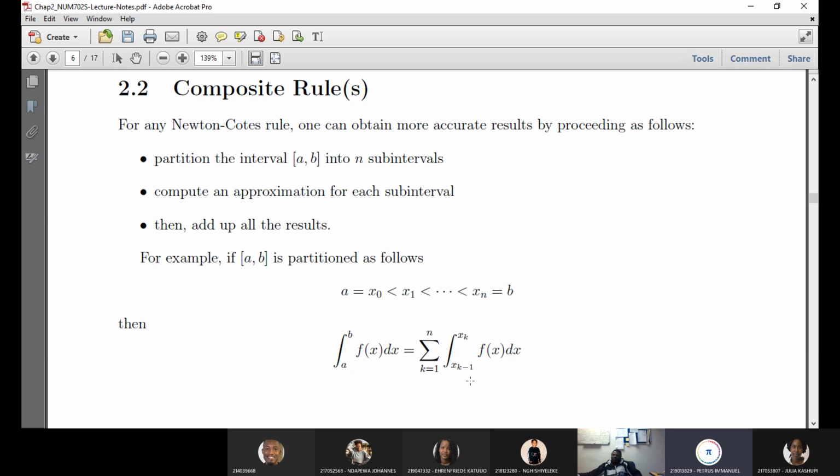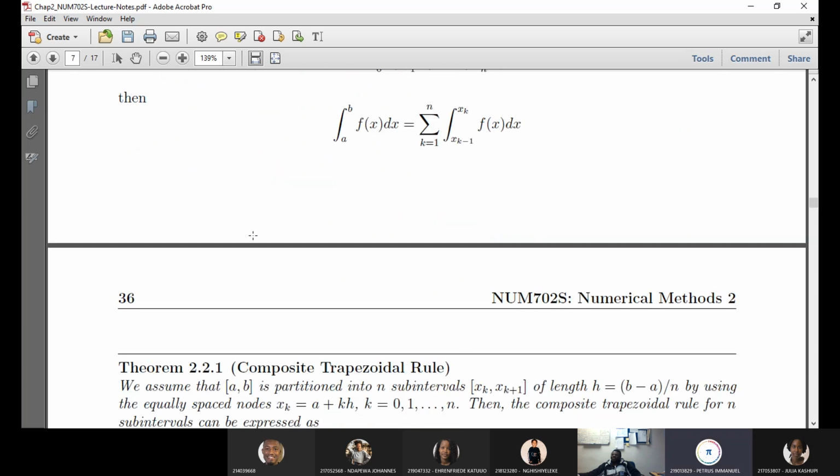So these two are equal. Now you can see that in the smallest subinterval, we can perform our rule. And this rule that we perform in each subinterval and add up will be our composite rule.